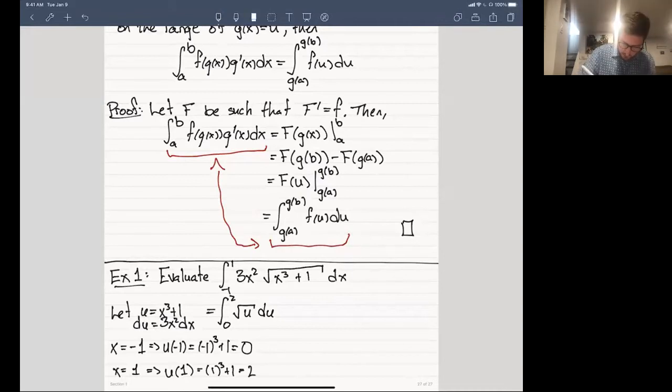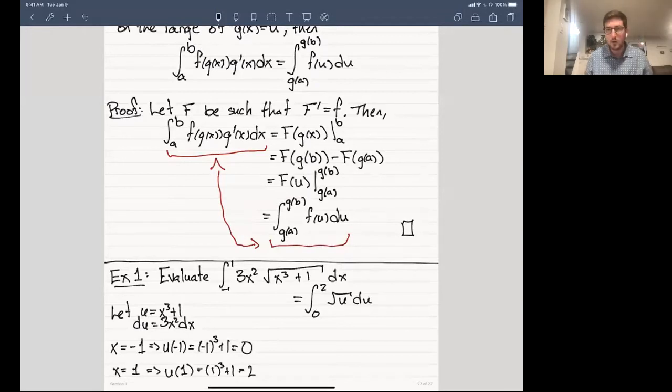So this is becoming a little bit of a mess. Let me rewrite this nicely over here. This becomes the integral from 0 to 2 of square root of u du. But now this is a very easy integral to evaluate.